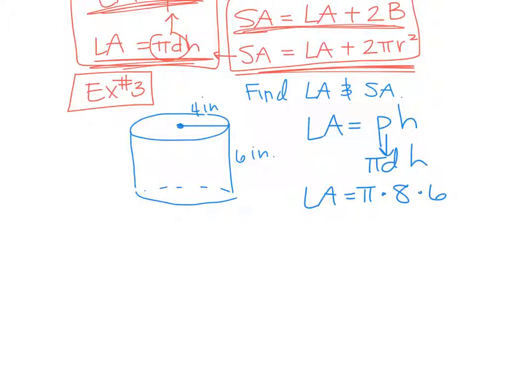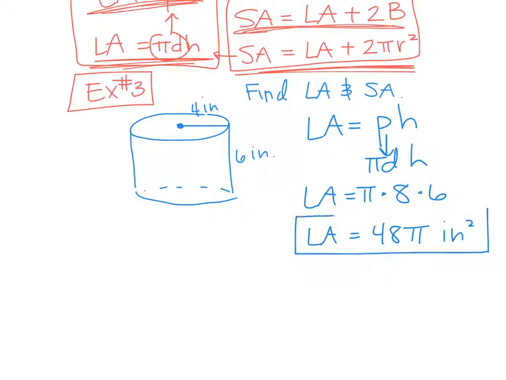So you're going 8 times 6, or 48, attach the pi, and then it's inches squared because it's an area. So this is pi, the diameter, the height, pi d h. Okay, that's lateral area.